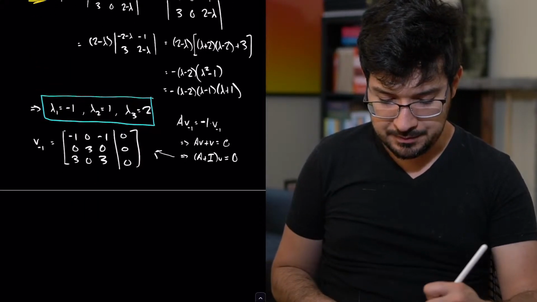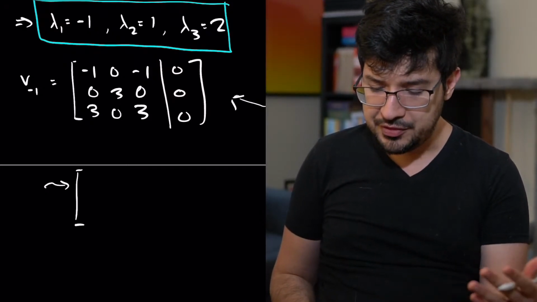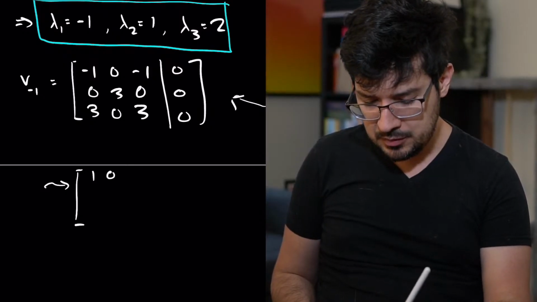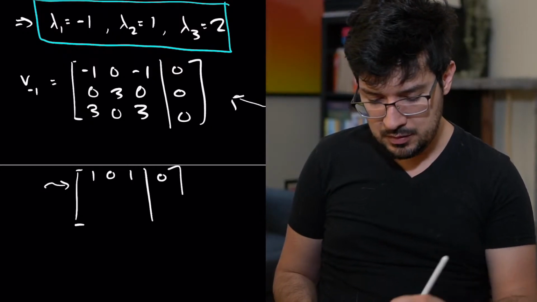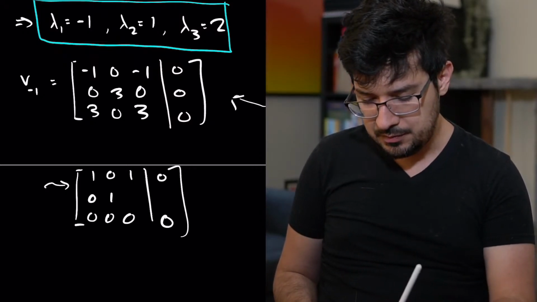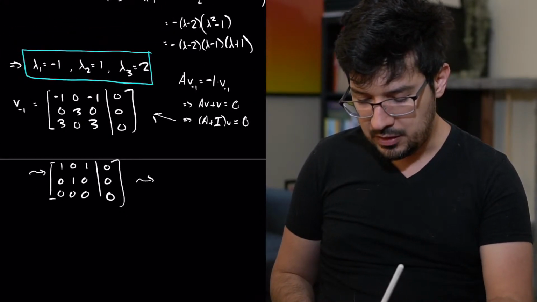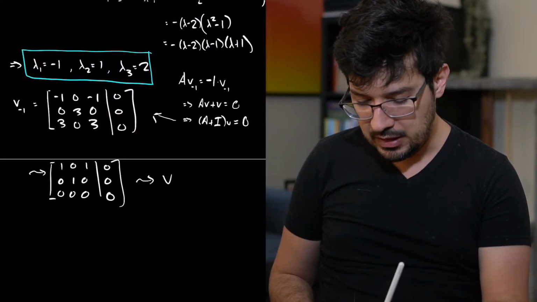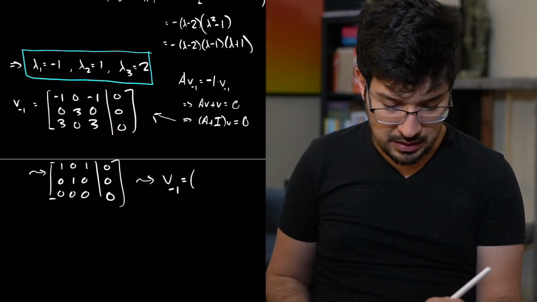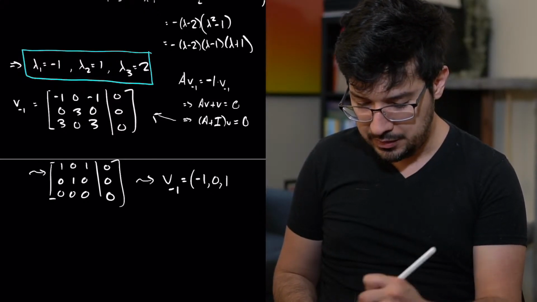So this row reduces. The first and third equations are dependent on one another. 0, 0, 0, 0. And then the second equation is simple. So therefore v, our eigenvector corresponding to -1, is -1, 0, 1.